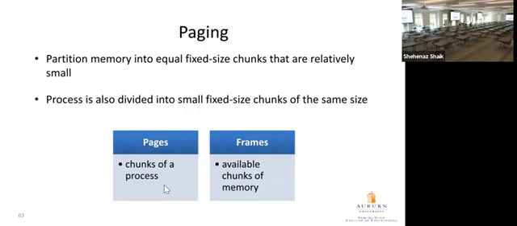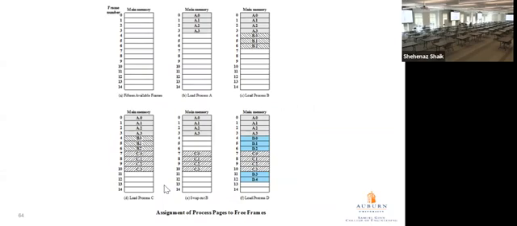Here we have one small example where, let's say, we have about 15 frames in main memory, and those 15 frames can be allocated to arriving processes in this particular manner. Let's say process A arrives and it is allocated 4 frames.